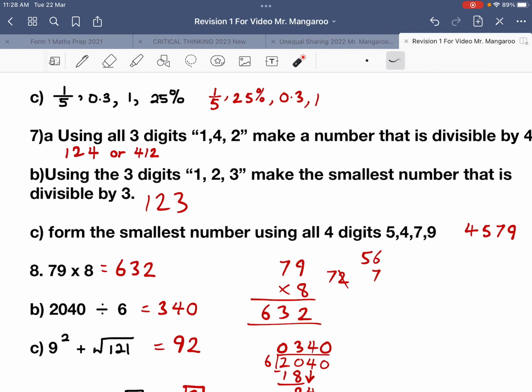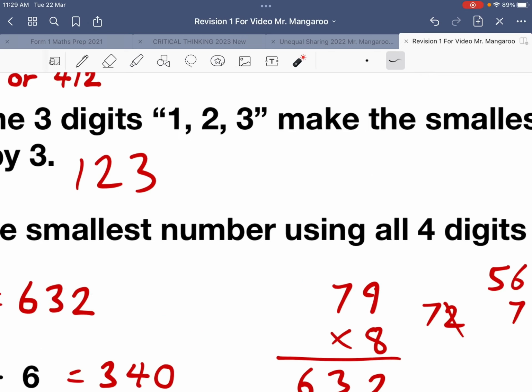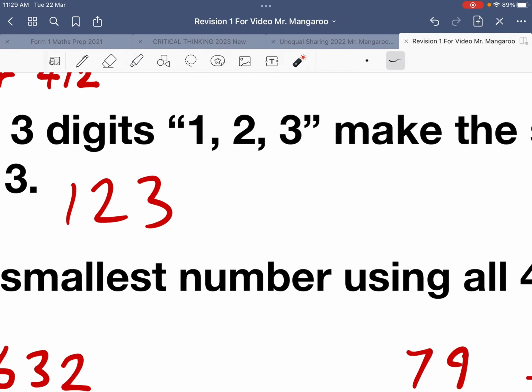Using the 3 digits, make the smallest number that is divisible by 3. So we want to firstly try the smallest number first, followed by the next smallest number. So 1, 2, 3, we could try dividing that by 3, right?